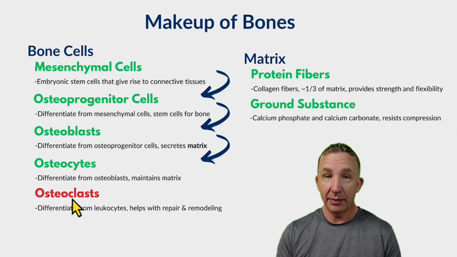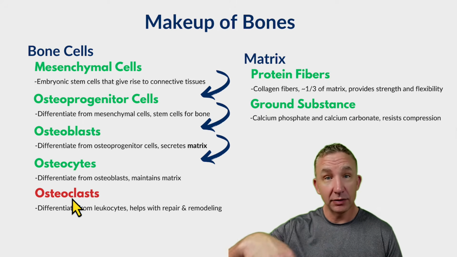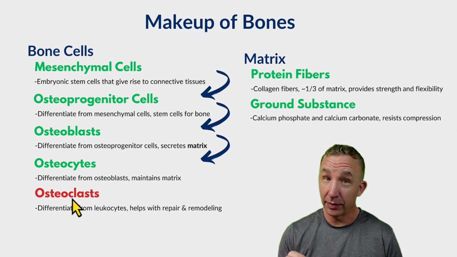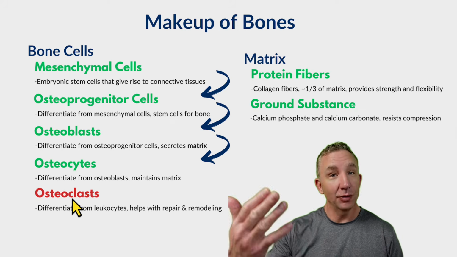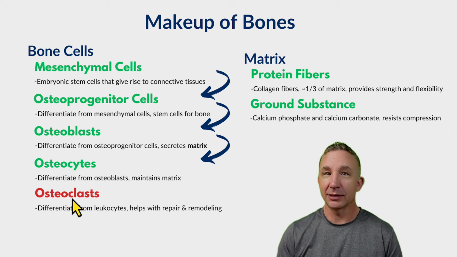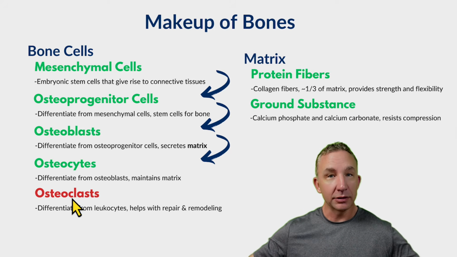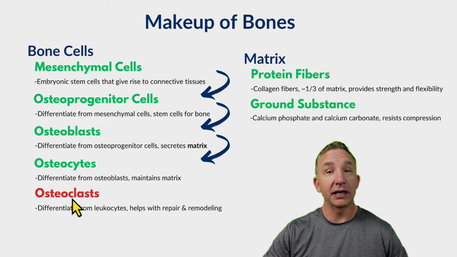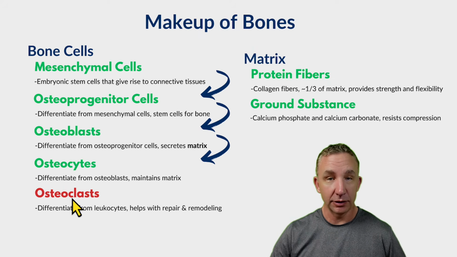So the diameter will increase, but then I have to allow room for it to develop. So osteoclasts will help create that room. And specifically, they're breaking down the inside to allow more structural support. So intuitively, that seems off. But if I'm going to build the house and I keep adding the walls to it, I'm going to need to do more inside the house and specifically give me more room for it to function.